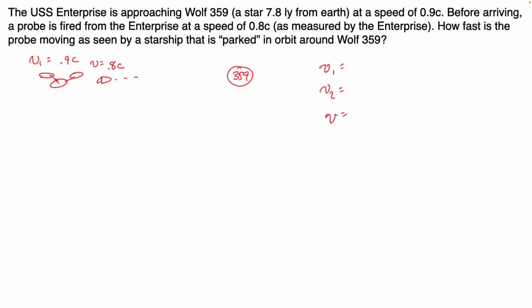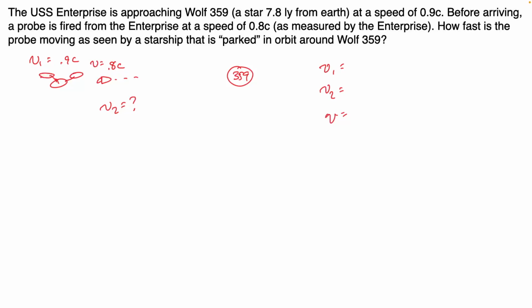The speed measured by Wolf 359. V1 and V2 are measured by the same person. If someone's on 359 looking at the Enterprise, that's 0.9, then the probe has to be V2. But the 0.8 we were given was measured by the Enterprise from its frame of reference. So V2, the probe's speed, is our unknown. We want to know how fast the probe is moving according to people standing on Wolf 359.